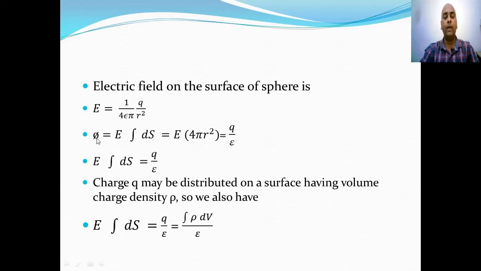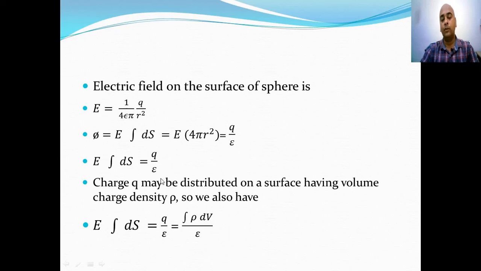So the total flux which we have evaluated to be E into 4 pi r square, if we substitute the value of E from this equation, we obtain that the total flux coming out of the sphere is q by epsilon naught, or we can say that integration of E ds is q by epsilon naught.